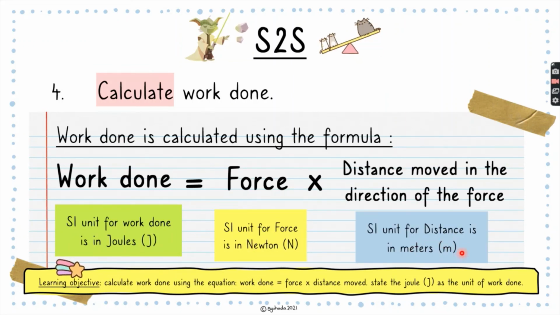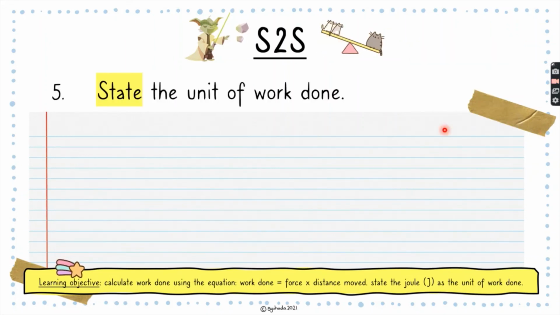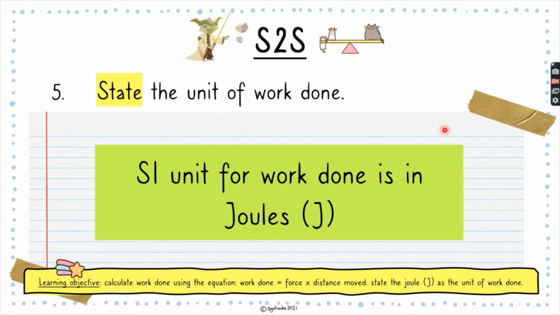So if you get a question that gives you centimeters, then you have to convert that into meters. You can also calculate work done using this triangle right here. What is the unit of work done? So work done is in joules, which is a capital J.